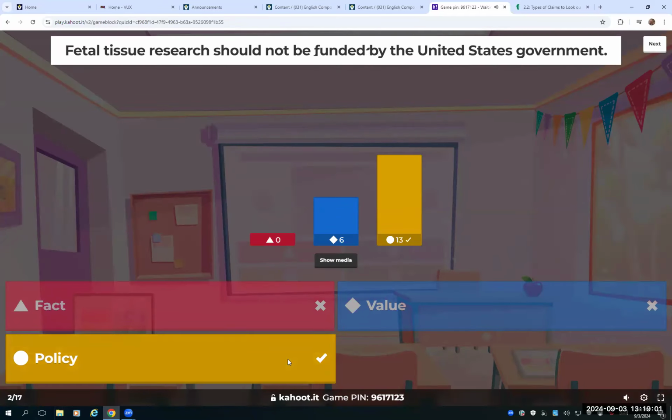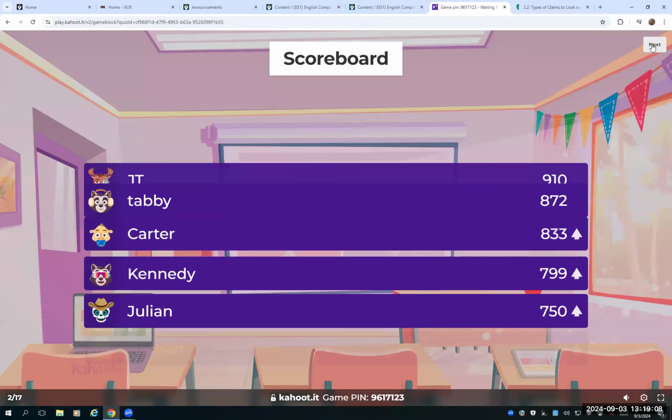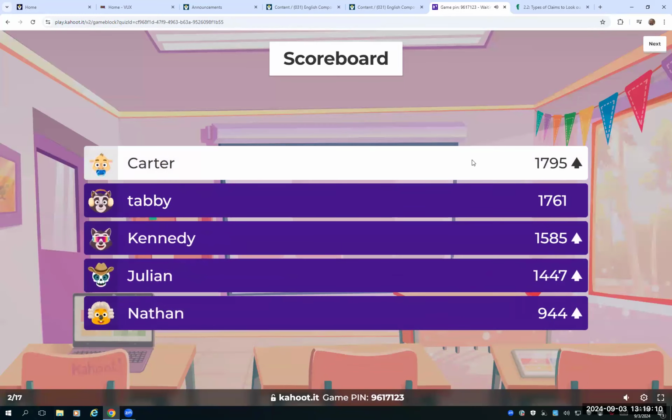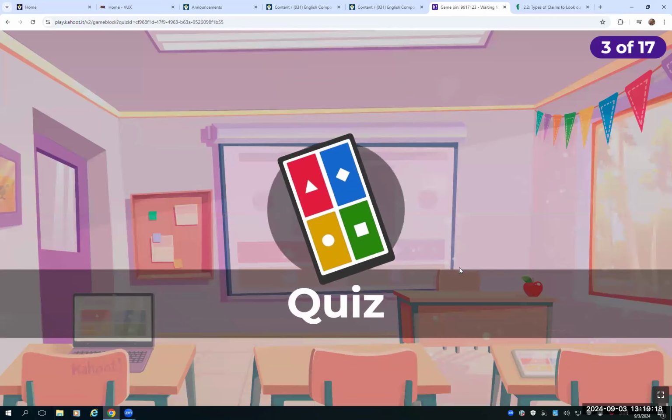It is a claim of policy. We had 13 people get that right. Good job. And now Carter has moved up into the lead. All right, let's go next.